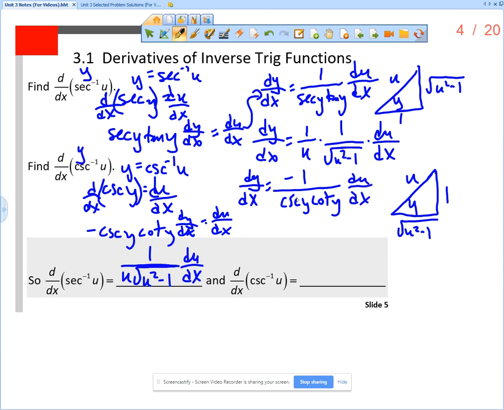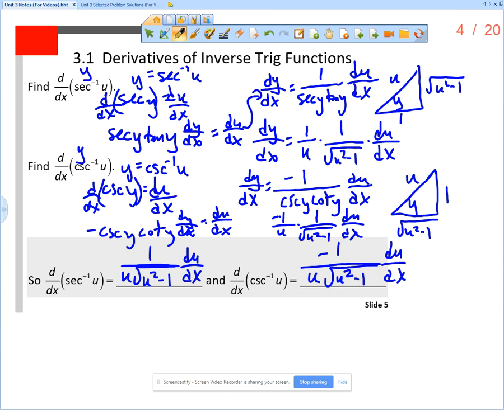Now 1 over cosecant is sine. What would sine be? 1 over u. So I have negative 1 over u times 1 over cotangent, which is tangent, so 1 over the square root of u squared minus 1, and then the du dx. So negative 1 over u times the square root of u squared minus 1, du dx.